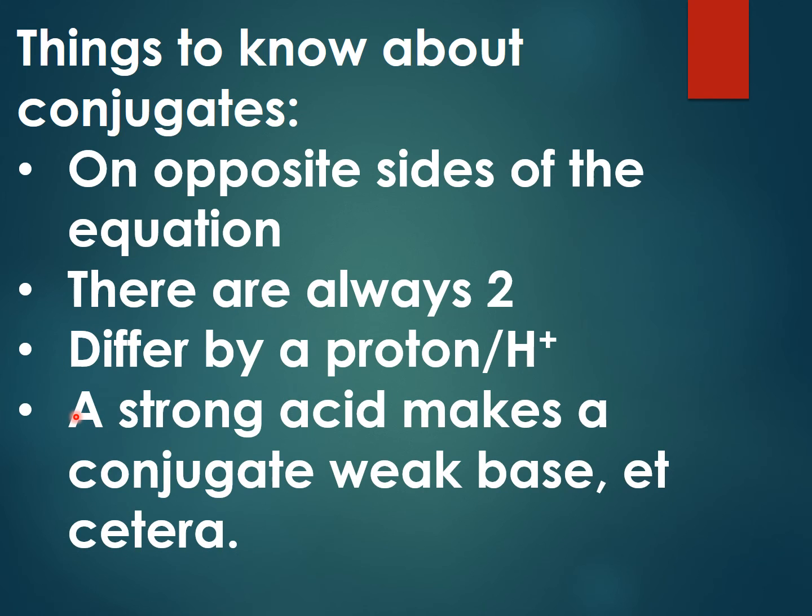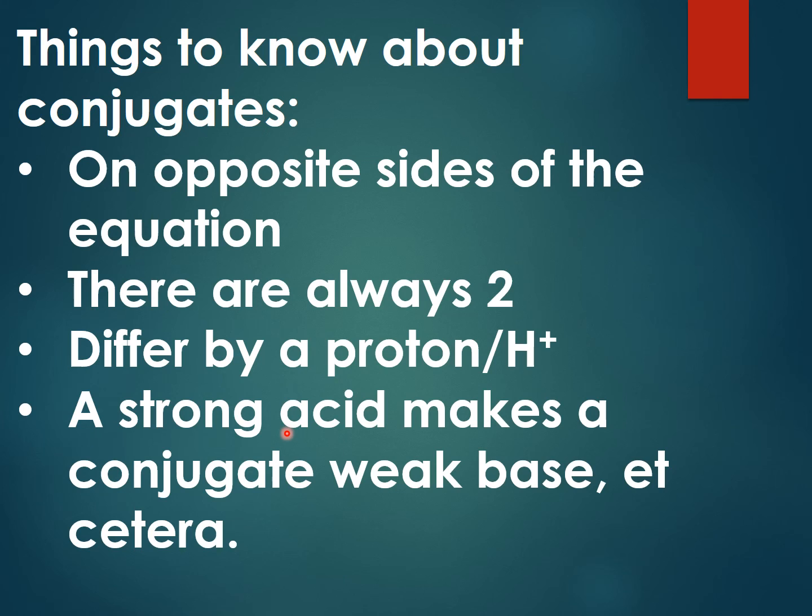The last thing to recognize is that a strong acid makes a weak conjugate base, and a weak acid makes a strong conjugate base. The reason for this is that a strong acid is very willing to give up its H, so its conjugate base is not very willing to take them back.